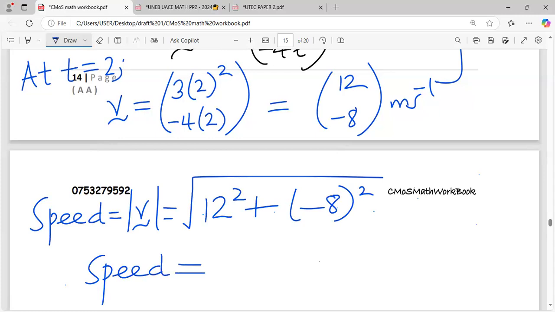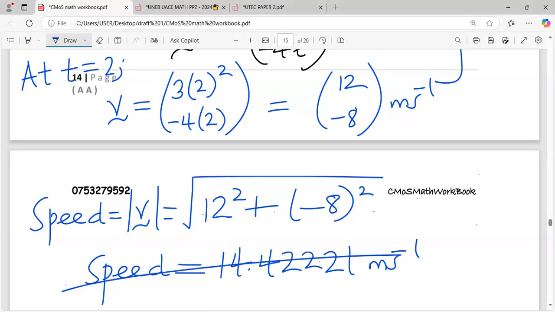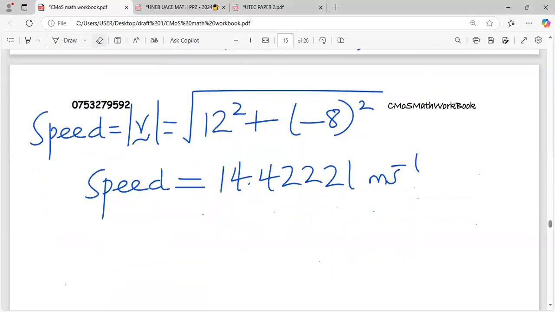So the speed is, those with calculators, 14.42221. Yeah, what is that? So that is the speed.